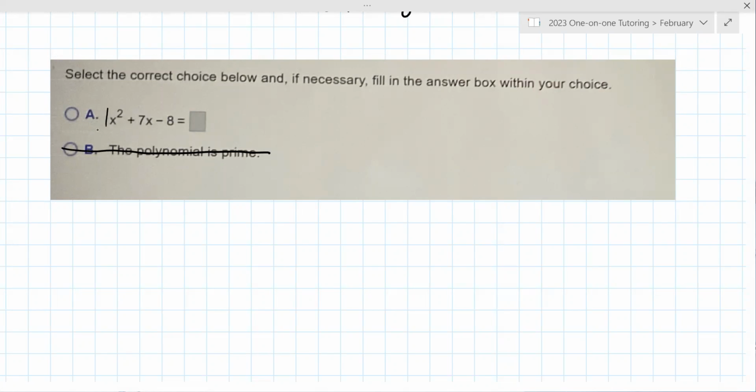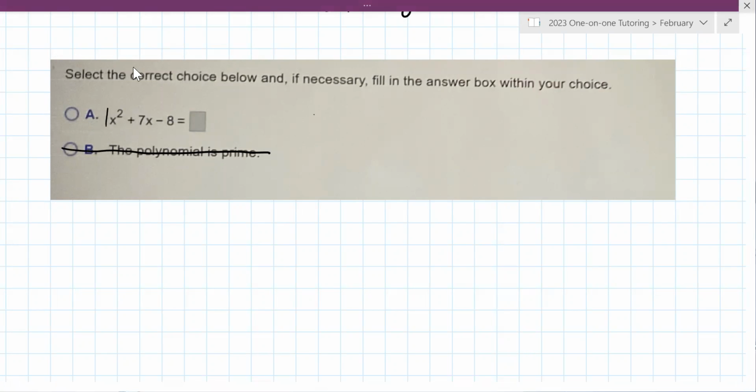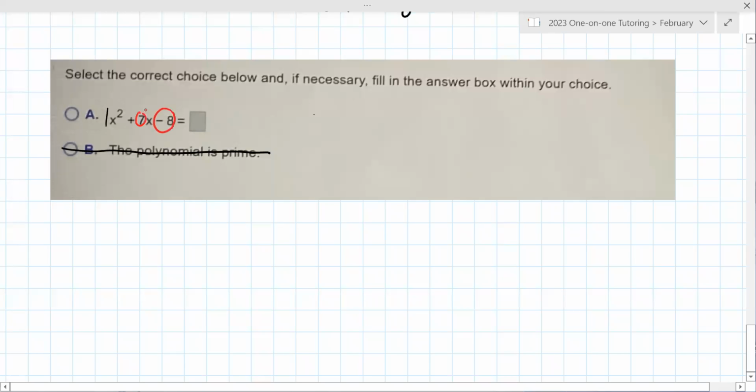Your focus is on the last number and then the 7. So you're trying to find 2 numbers that multiply to -8 but add up to +7. Okay, so -1 and 8. Yes, so this becomes x minus 1, x plus 8.